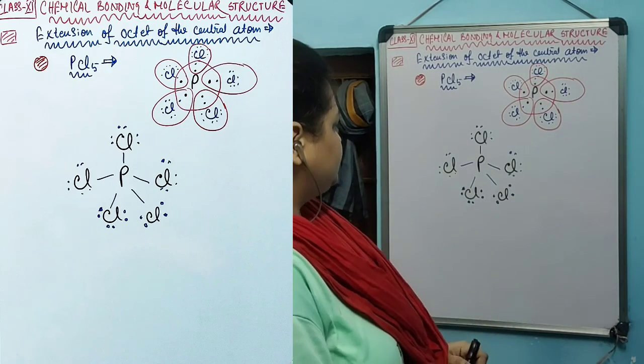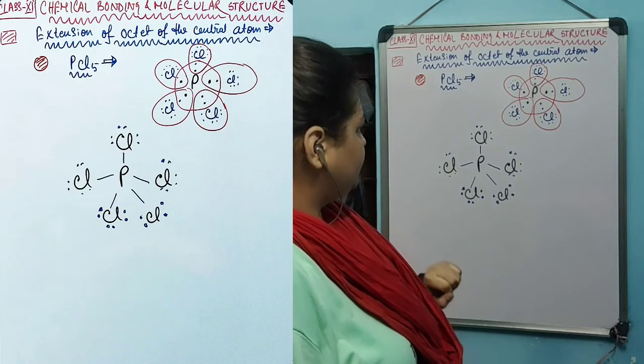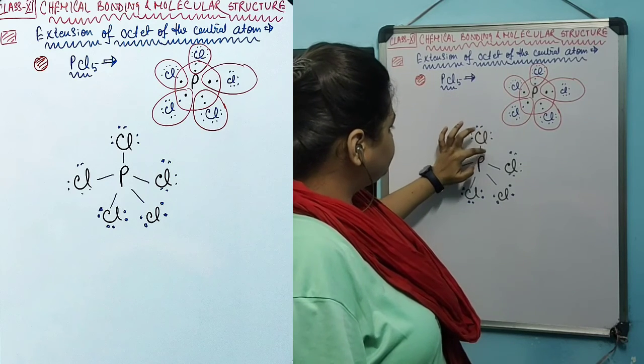In this structure, each chlorine possesses 8 electrons, like 1, 2, 3, 4, 5, 6, 7, 8.